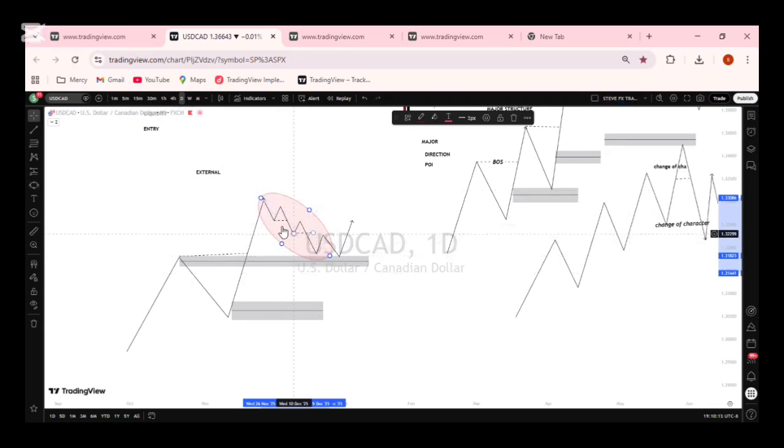This break of structure over here does not control the direction of the market. It is a retracement to our major time frame point of interest.